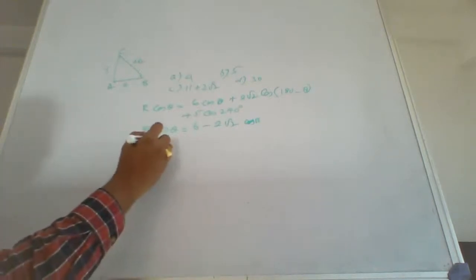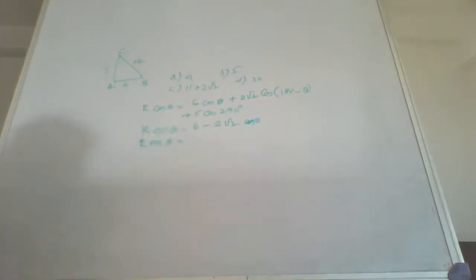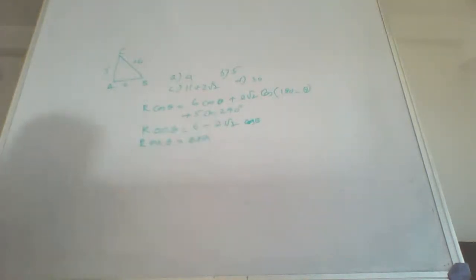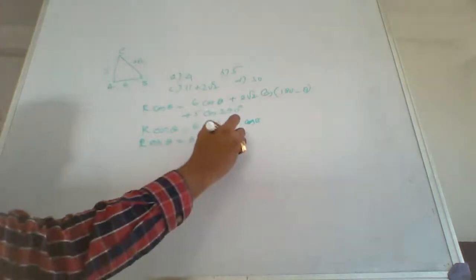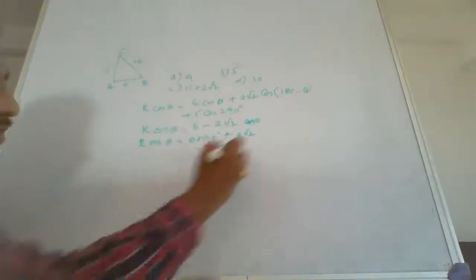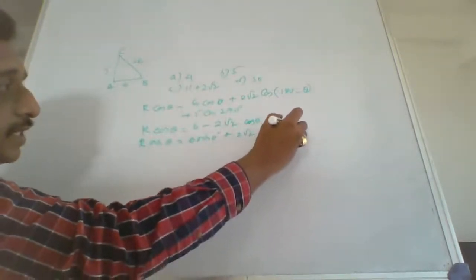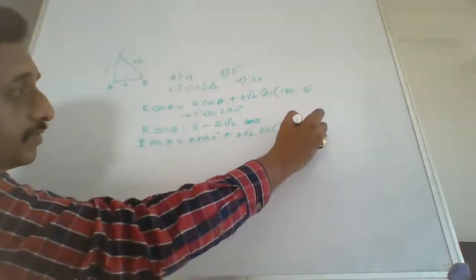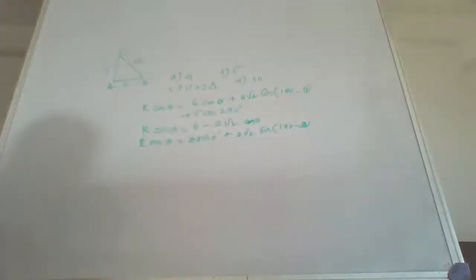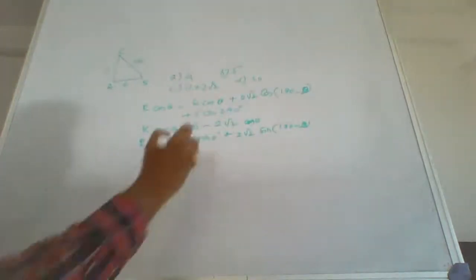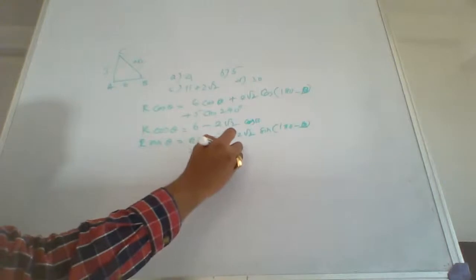So r sine theta, we have one more: 6 sine 0 degrees, plus 2 root 2 sine of 180 minus theta, which I'll consider as b, and plus 5 sine 270.